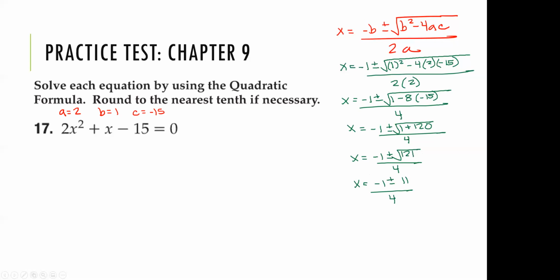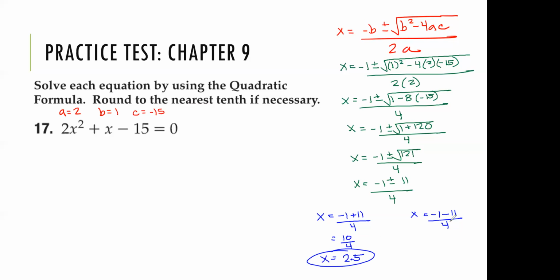So my solution is x equals negative 1 plus 11 divided by 4, or x equals negative 1 minus 11 divided by 4. So I'll solve this one first. Negative 1 plus 11 is equal to 10 over 4, which is equal to 2.5.